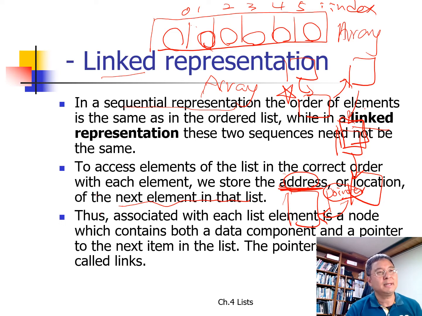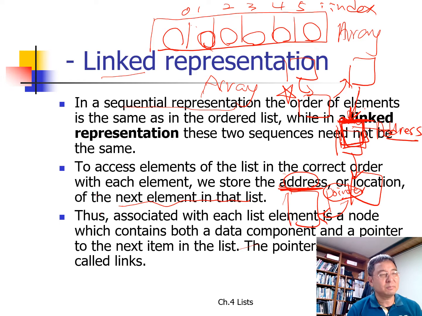But in a linked list, we must store where the next element is stored. So we must know this address in order to access the next element.